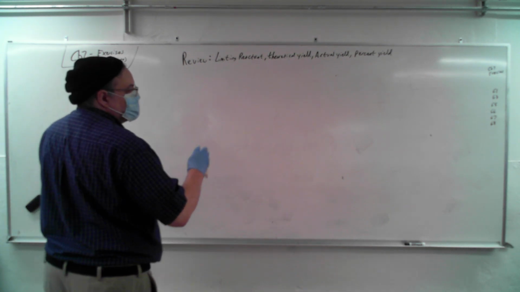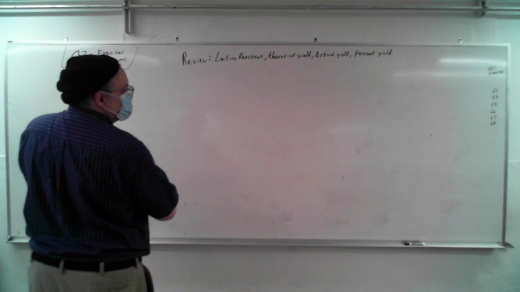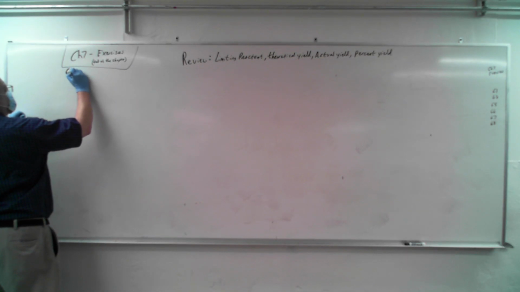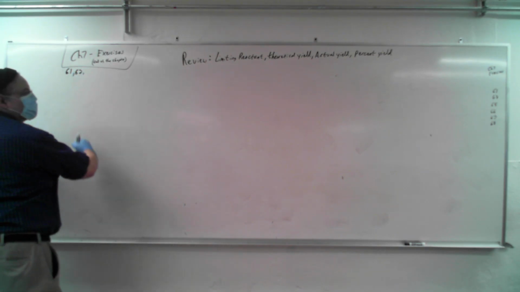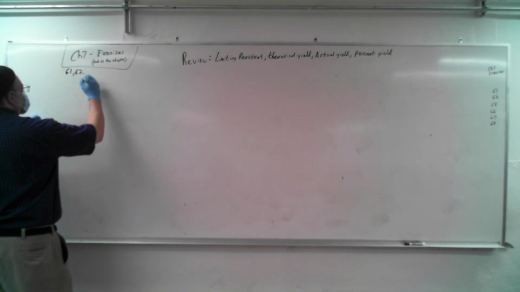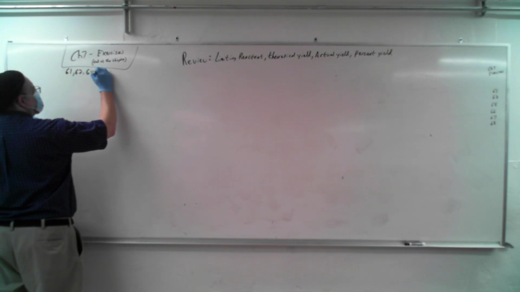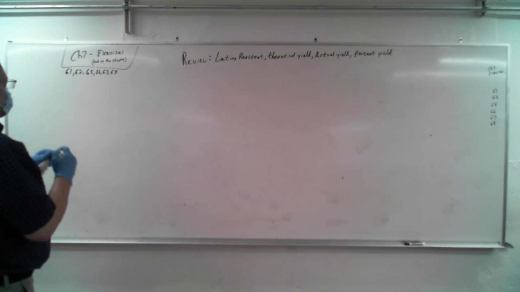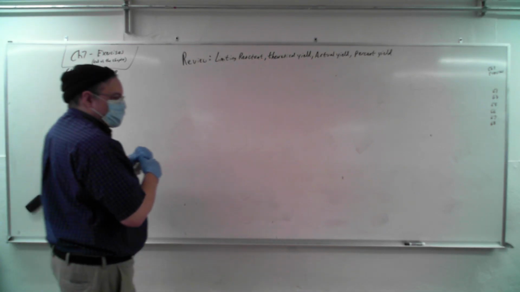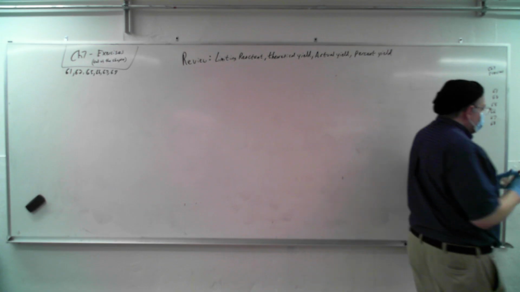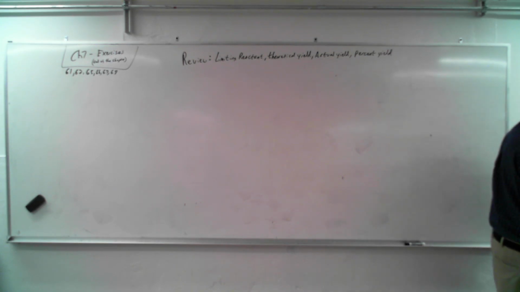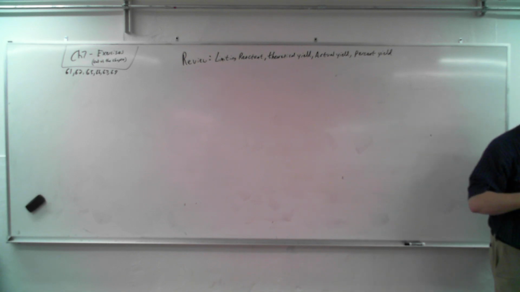I'll do some of these, but the ones you want to look at are 61, 62, 66, 67, and I'll do some of these now. You get the answers to the even ones in the book, so I'm going to do some of the odd ones.